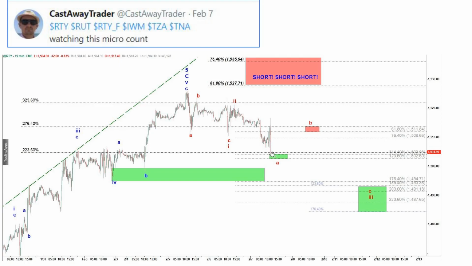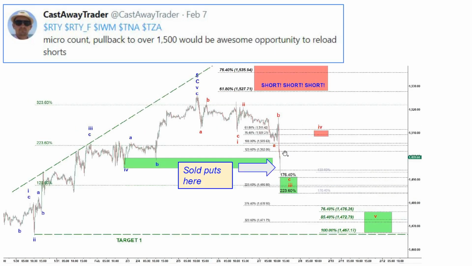And wave C of 3 is always the strongest part of the move, whether it's a decline or a rally. So here you see that almost vertical drop, and this is exactly how wave C of 3 normally looks, either going up or down. It is always stronger than the first leg of wave 3, subwave A of 3.